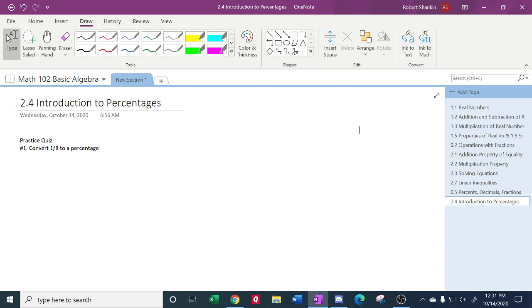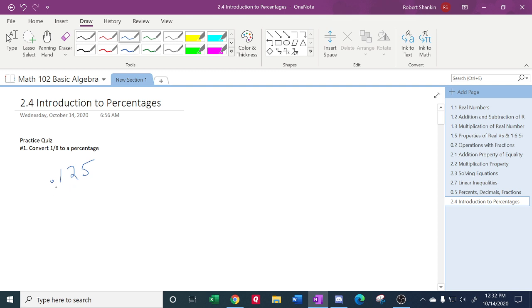Okay, 30 seconds more. Okay, the easy way to do this is to pull out your calculator and you take 1 divided by 8 on the calculator and you get 0.125, what the calculator will show, and that's the decimal.